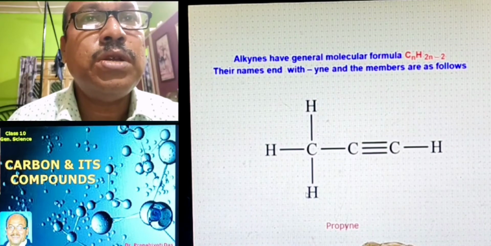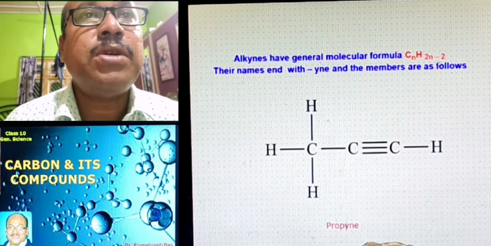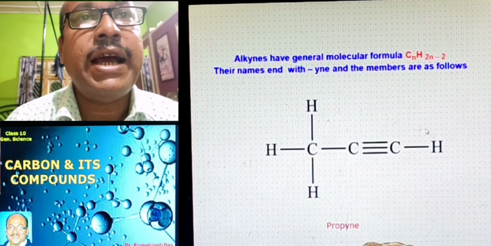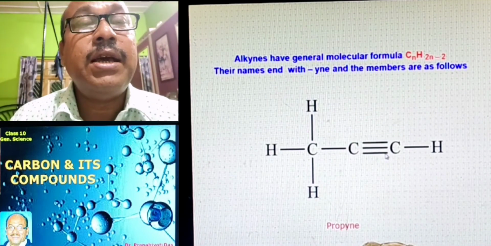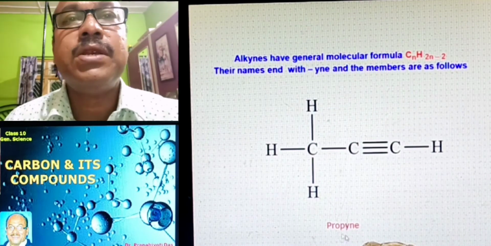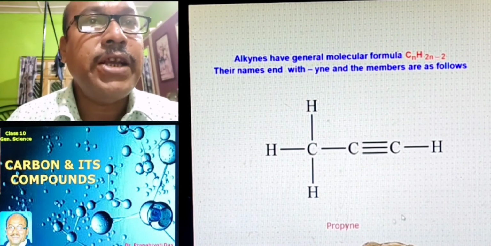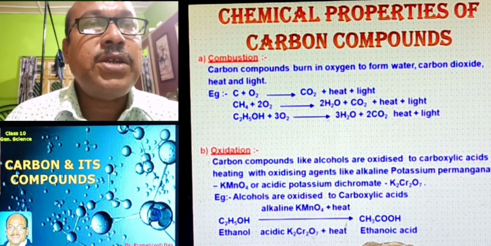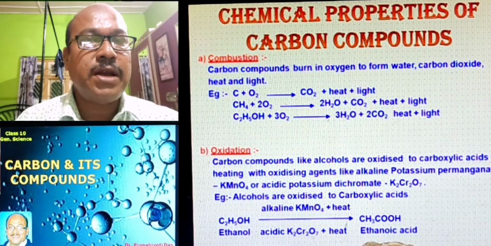Yes, 1, 2, 3 and 4. So this structure comes under this particular formula CnH2n-2. Therefore it is an alkyne. In this alkyne there are 3 carbon atoms, so it is propyne. What is the name? This name is propyne, C3H4. Now the chemical properties of carbon compounds will be discussed in my next class.